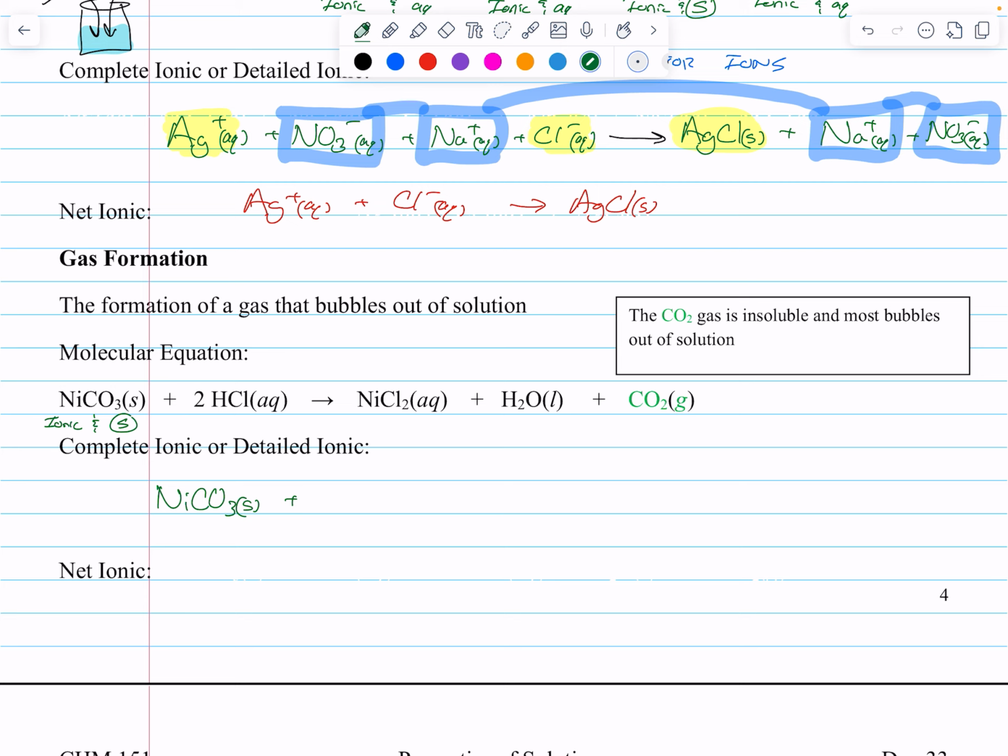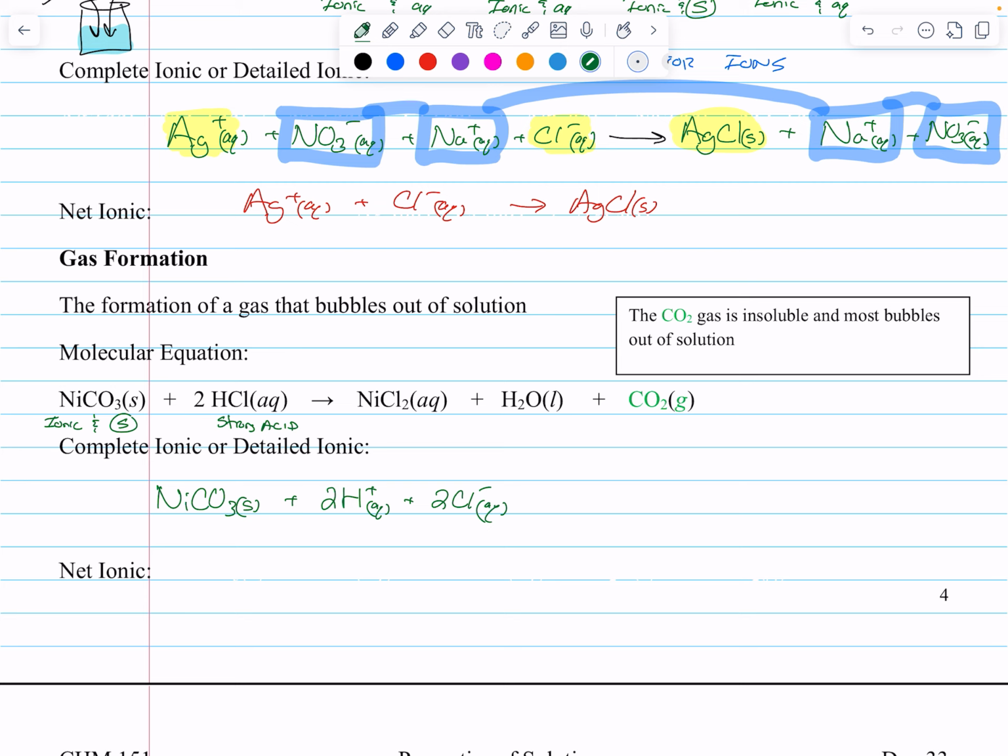HCl. Well, HCl is an acid. It's one of my 7 strong acids, so it's a strong acid. Strong electrolyte, which means I get 2H plus 2Cl minus. And it's important to have both of them there. That makes sense? All right, I got to have both of them there.